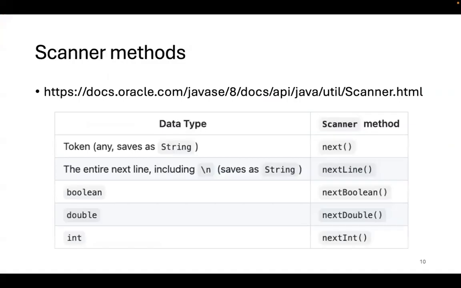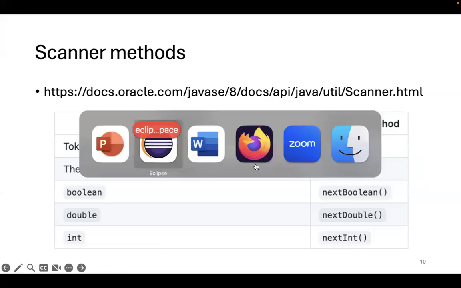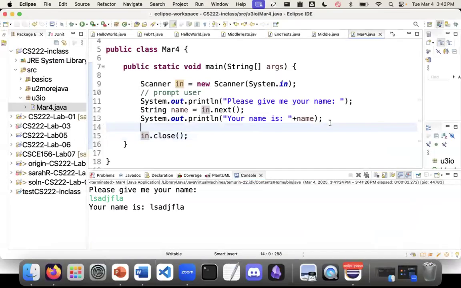Okay, so in terms of methods, the dot next just grabs anything until a space. We call that a token. So we're just taking whatever it is and it's saved as a string. There's an option to take the next line of something.